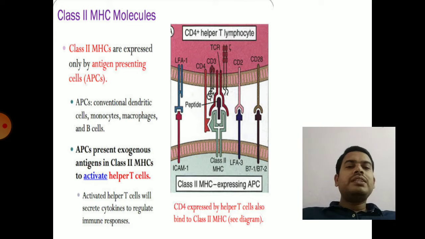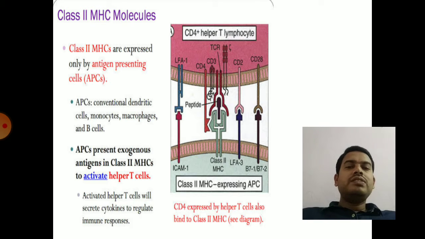So the antigen presenting cells like monocytes, macrophages, dendritic cells and B cells process the antigen and present it to the CD4 receptor containing T lymphocyte, that is the T helper cells. All the antigen presenting cells will process the antigens that entered into the body, and they will present these peptides with the help of the class 2 MHC molecule on the surface to the CD4 receptor T helper cell.